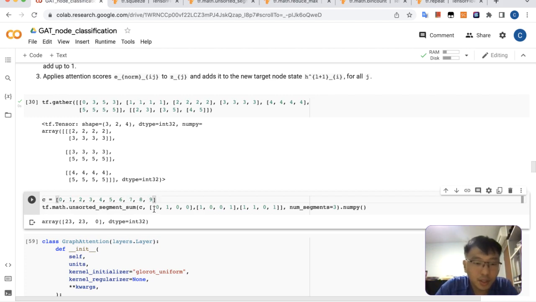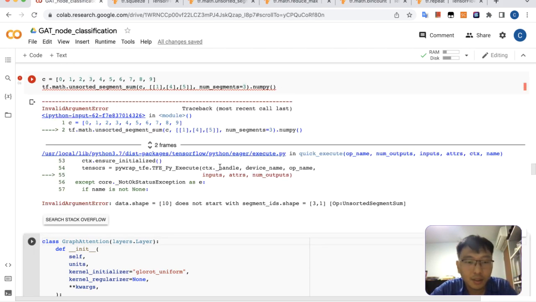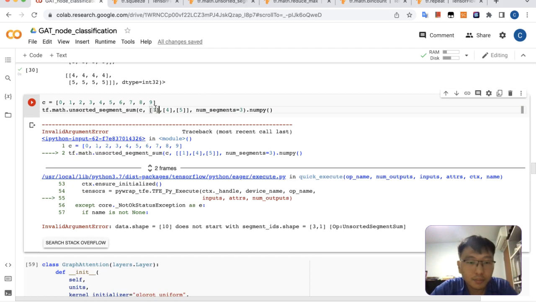And then what we do here is maybe we just take the target. In this case, the target will be like 1 4 5. Let's say we only have this target, and then we put num segments as 3. Let's see what we get. Okay, so maybe we need to have something like 1 4 5 like that.